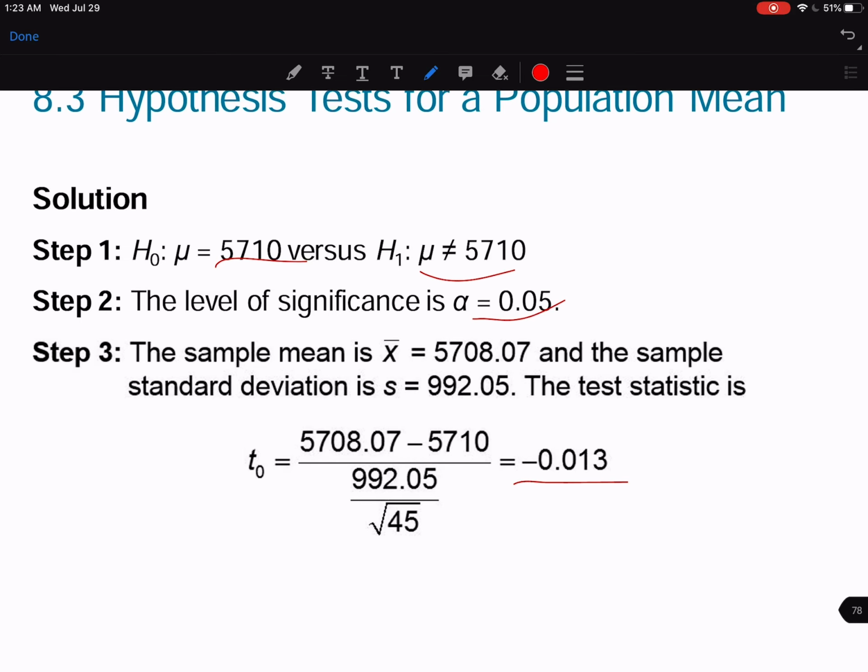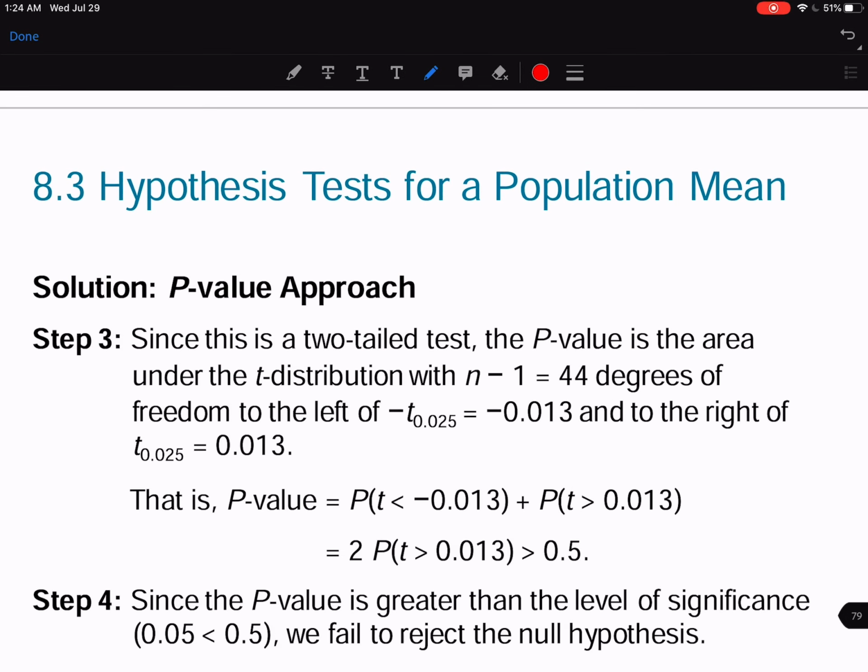And step 3, we do the test statistic t sub 0 by applying the formula we went over above, and we get the t statistic is negative 0.013. Since this is a two-tailed test, the p-value is the area in the t-distribution with n minus 1, which is 44 degrees of freedom, to the left of negative 0.013, and to the right of 0.013.